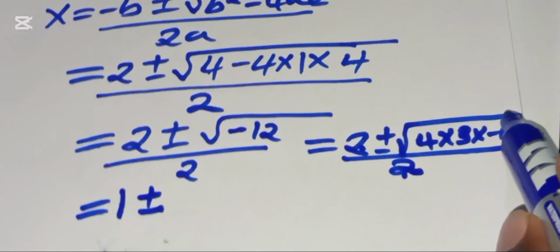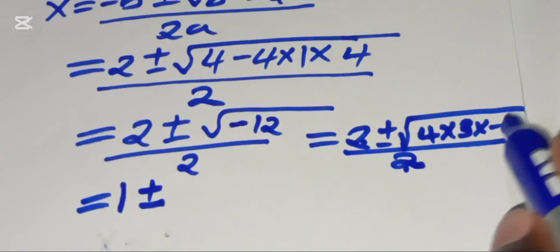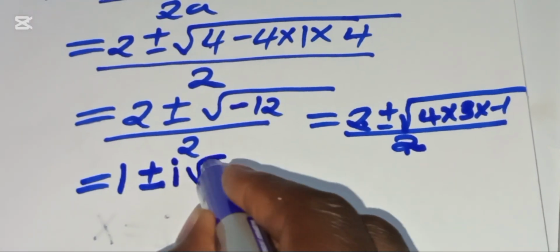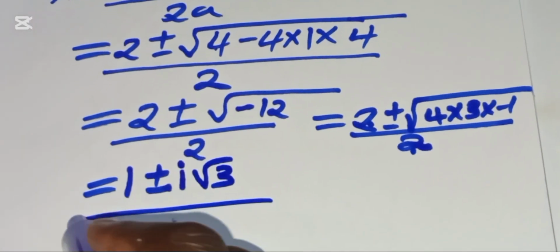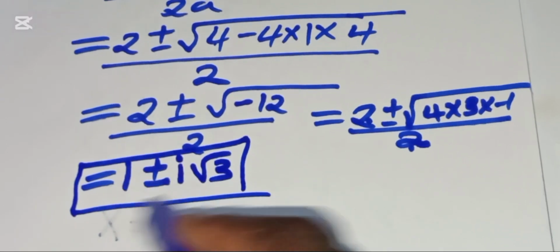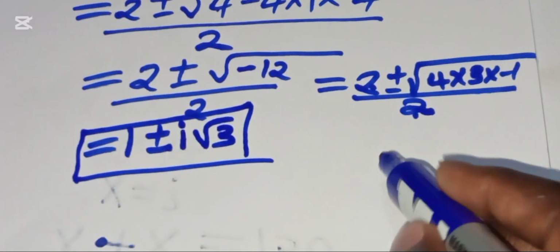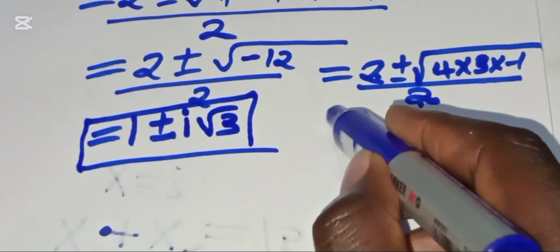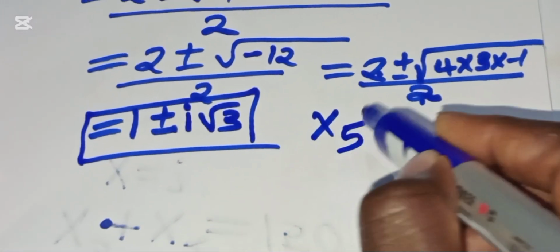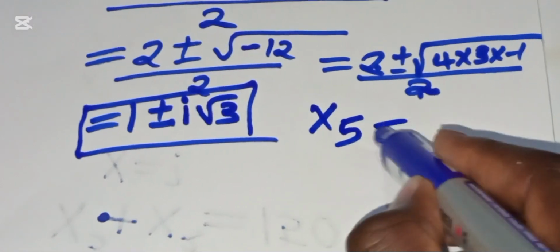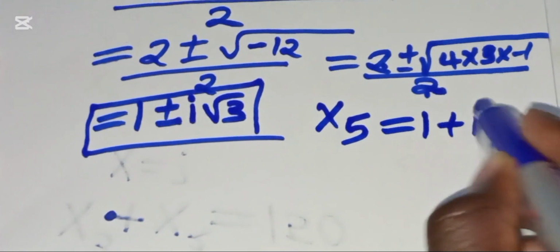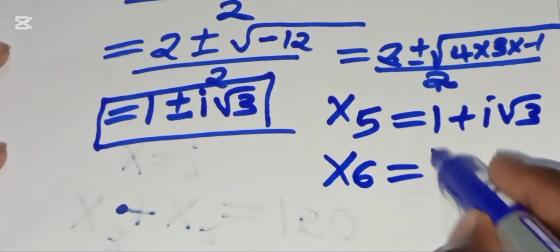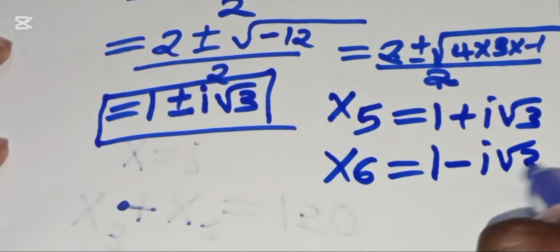Square root of -1 is i, so we're going to have i square root of 3. So from here, we have 2 complex roots, that is x5, which is equal to 1 plus i square root of 3, and x6, which is equal to 1 minus i square root of 3.